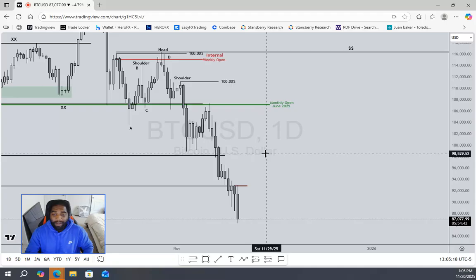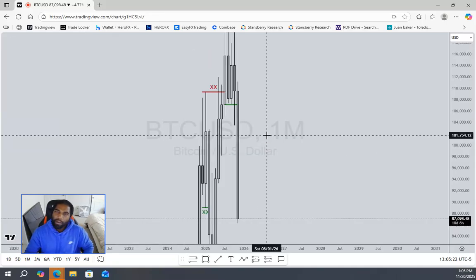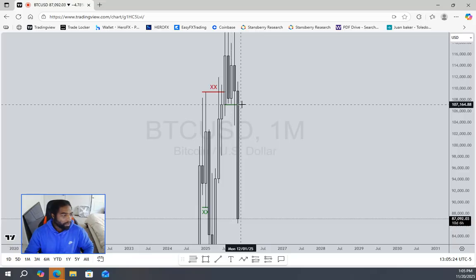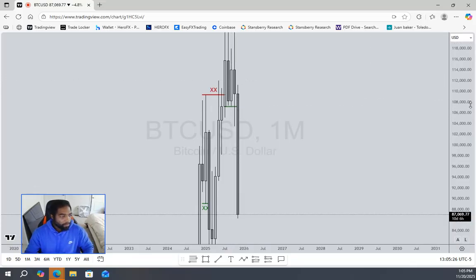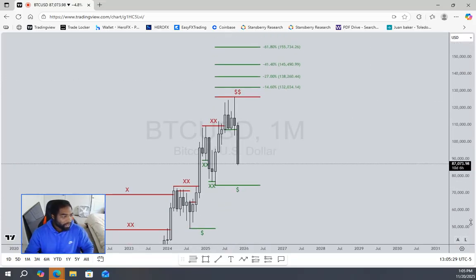June 2025. Remember in my last video I was calling it monthly equal lows, but when I analyzed it even more, I came to the realization like, wait, hold up, I'm tripping. This is an internal retracement on the monthly time frame. Price encountered this internal retracement inside of this monthly candle here of June.